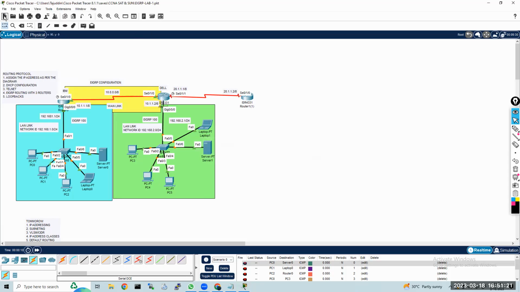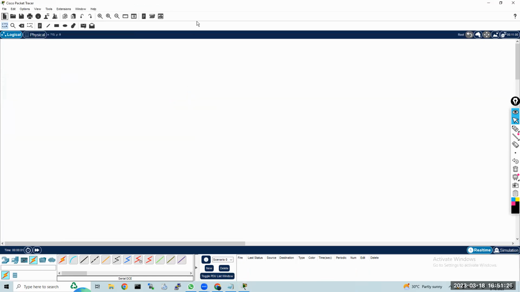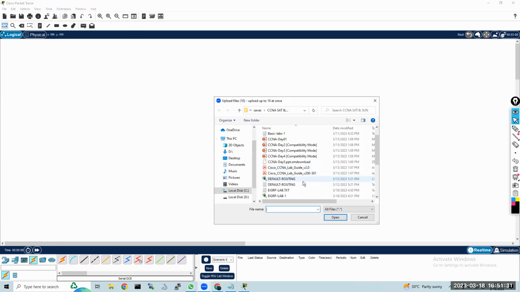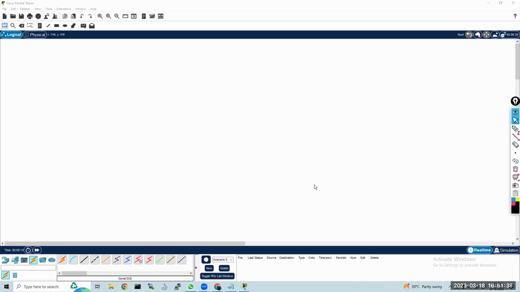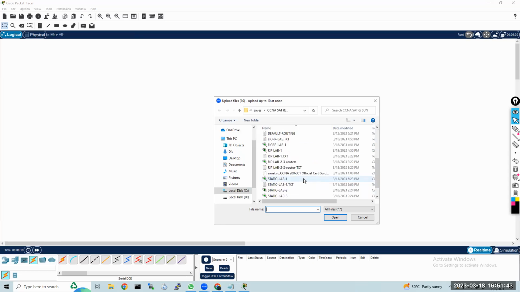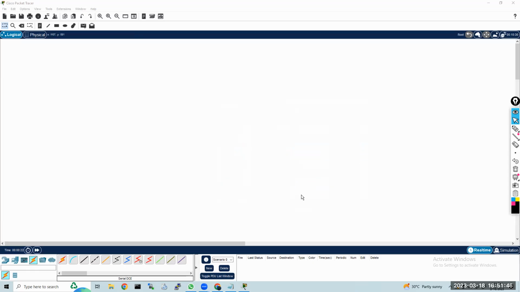I will share this file, guys, EIGRP. I hope you received this file, guys. Yes, yes, sir.